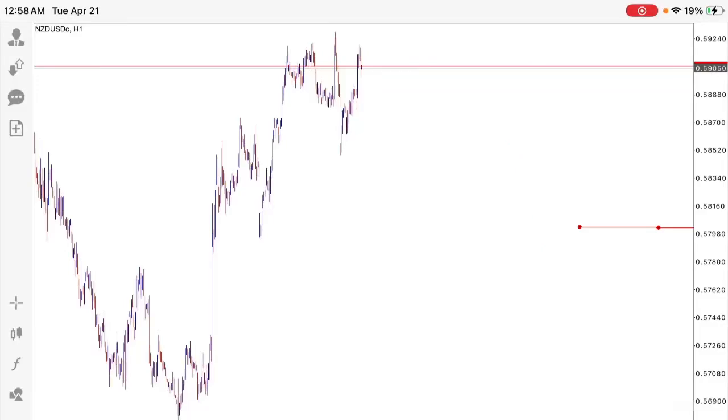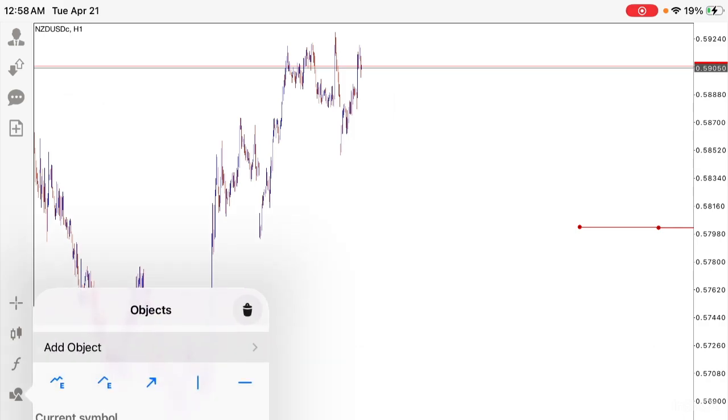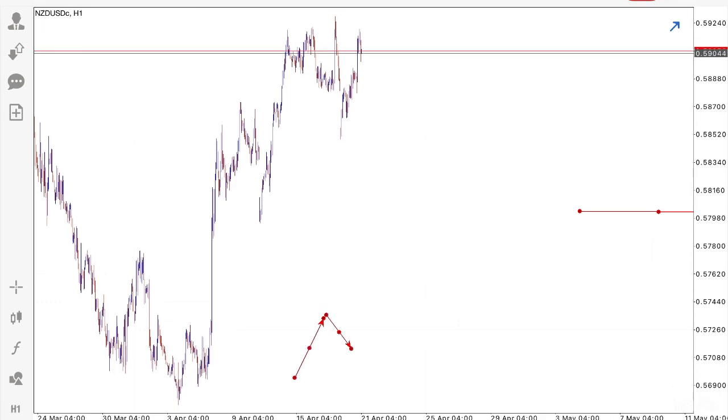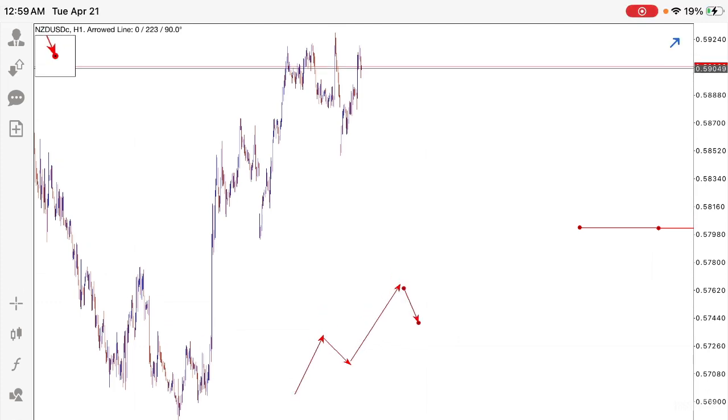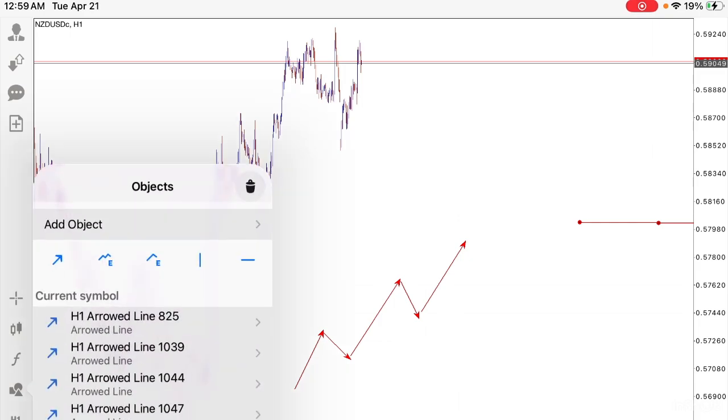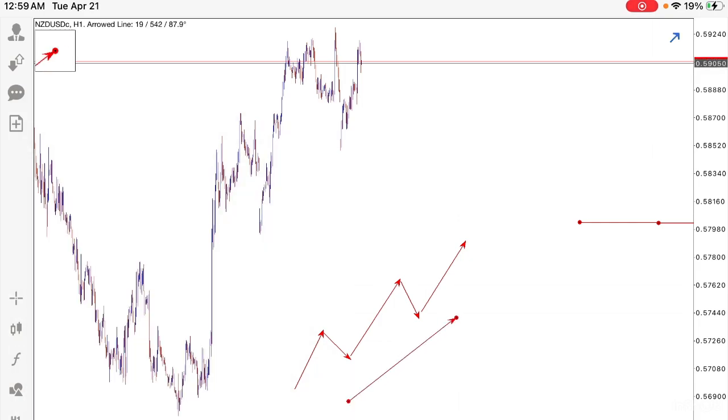So an easy way to identify a bullish trend is when the market begins to create something which we call a high, higher low, higher high, higher low, and higher high. This is just a very simple way to understand when the market is actually heading to the upside.